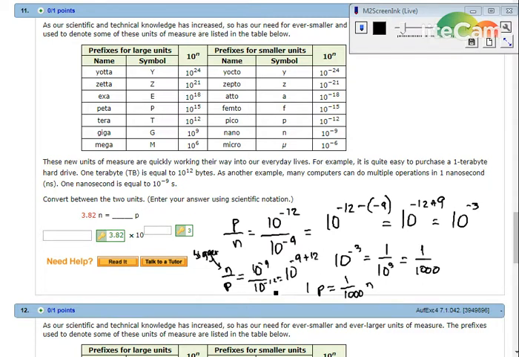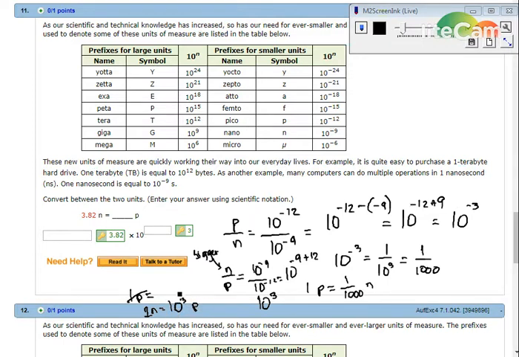We get a positive 3, so it's 10 to the third times bigger, which is 1,000 times bigger. So, let me restate that: 1 nanometer is equal to 10 to the third picometers.